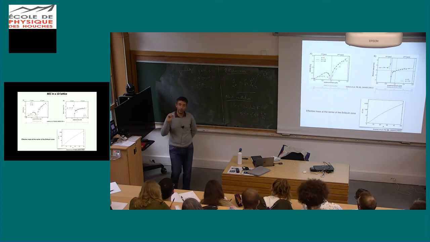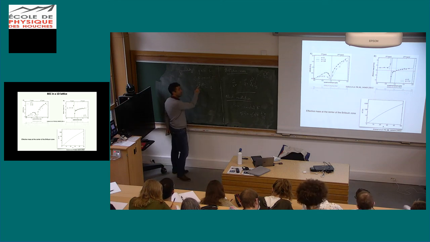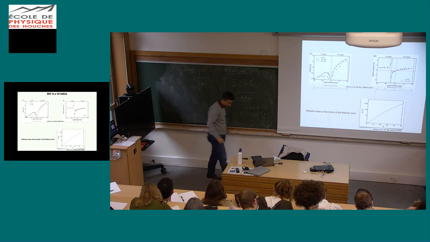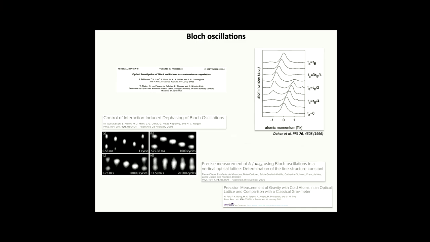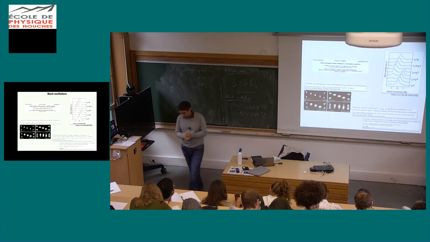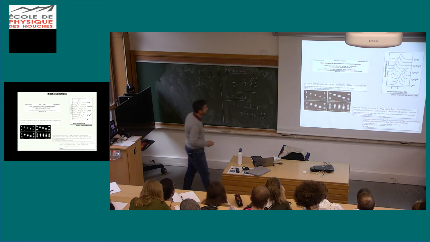And so from measuring the frequency of a Bloch oscillation, I can get to the force, to measuring the force. And so this is what has been observed and then what is being used.